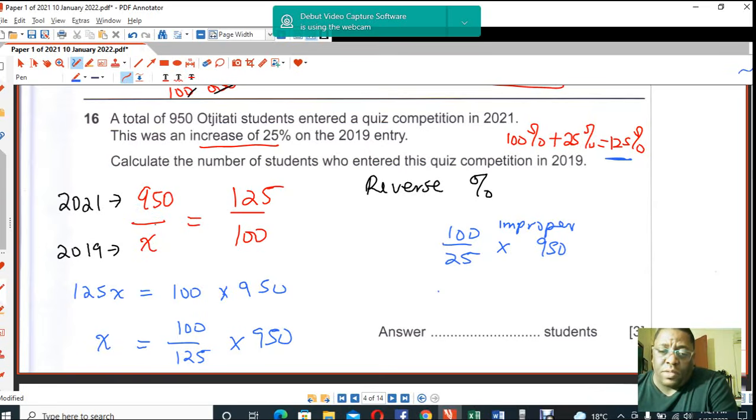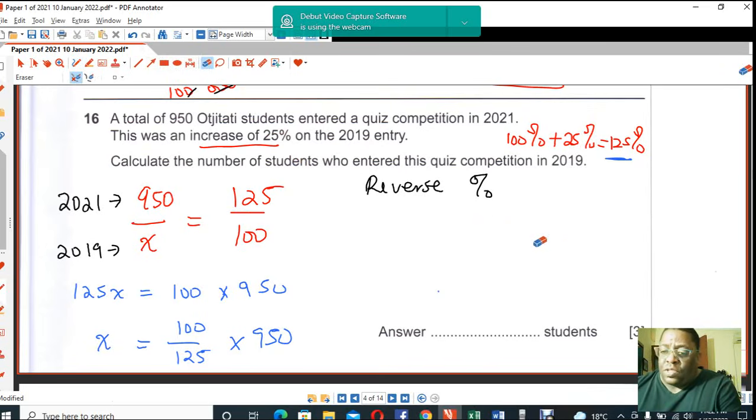You can see from my concept of equivalent fractions here, the 950 over x is equal to 125, which is the bigger number, over 100, which is the smaller number, so x must therefore be a smaller number. So that's why you had to add, because it said increase. Had it said decrease, you would then definitely be subtracting that 25 there. Anyway, it's time for us to get that answer.